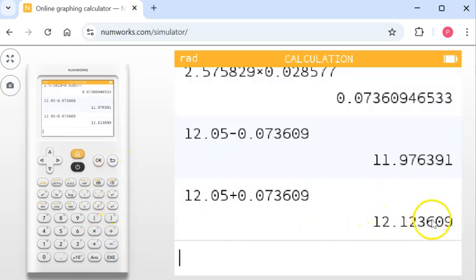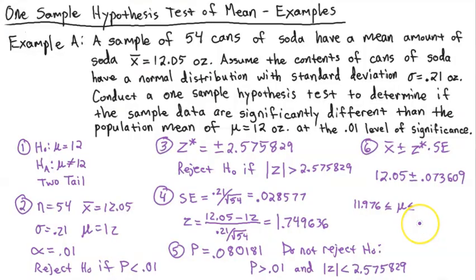We get 12.124. And now look at our mu. Our mu all the way over here is 12. 12 is between these two numbers. 12 is in there, and because 12 is in the interval, we do not reject H sub 0.